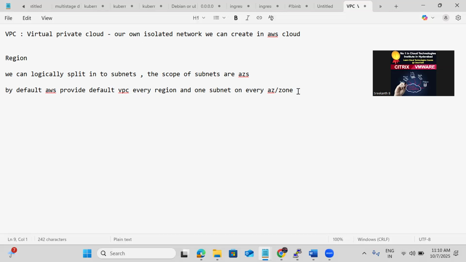So here we are going to specify the CIDR range. By default we get the default VPC, but we can also create custom VPCs.